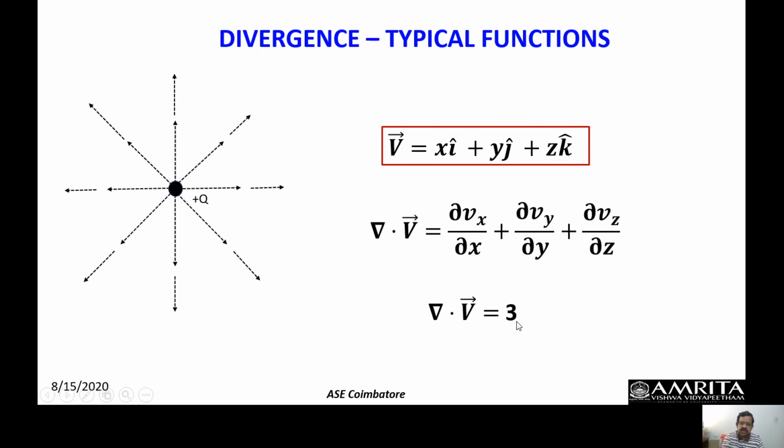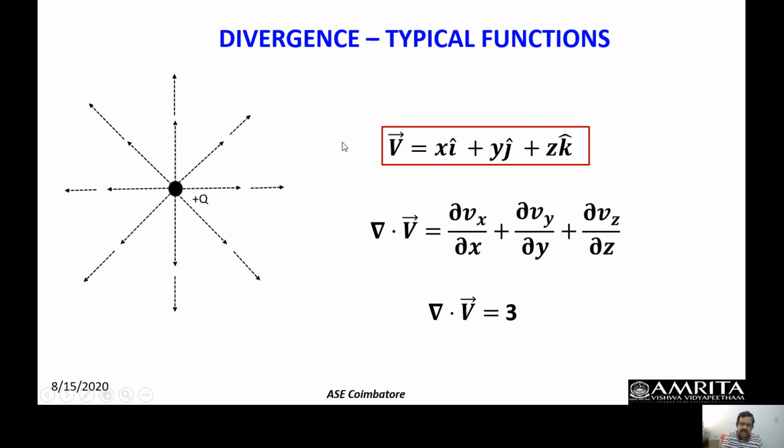So we have got a scalar value, and you can see del dot v, whether I take it at any point, for example at this point, I am going to get del dot v equal to 3.